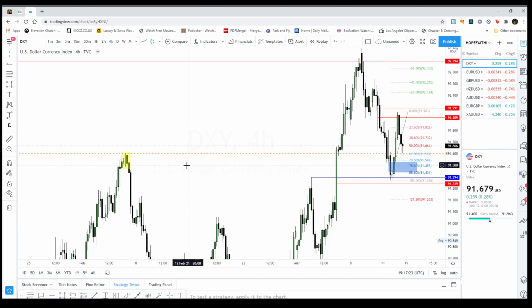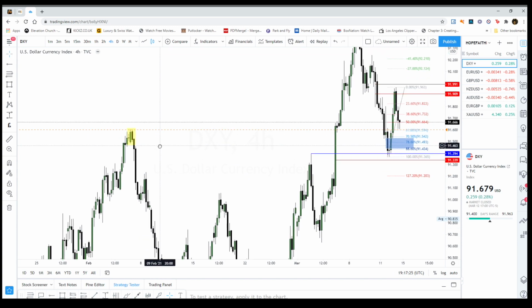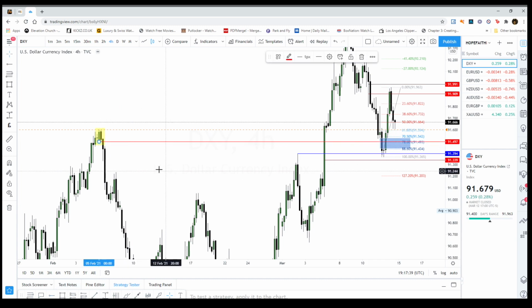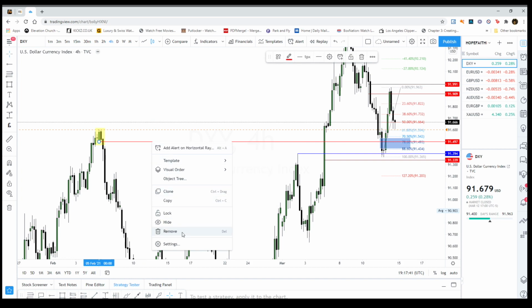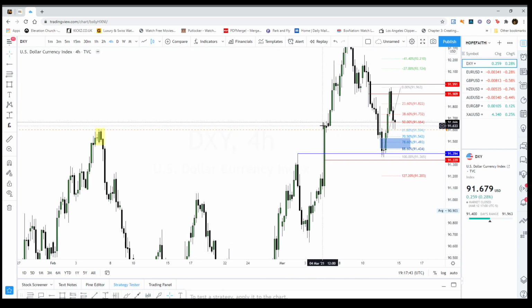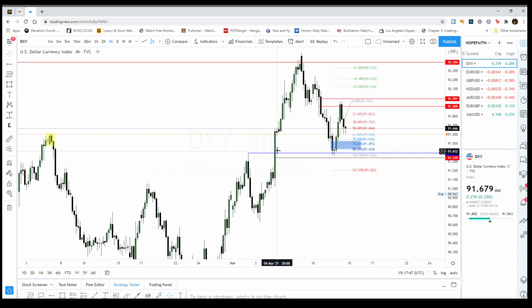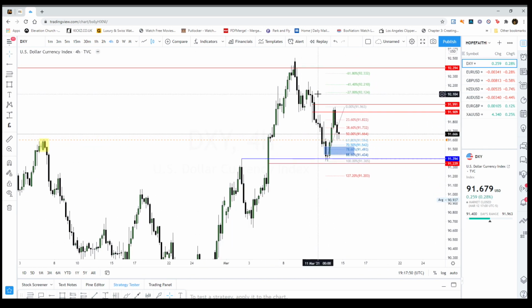That would have been a lot of liquidity, and a lot of sellers would have been looking at this as a potential area for the market to react to. So I myself would have been looking at this area. There you go. And they didn't. Instead, they smashed it and created this big imbalance. And so I would have targeted that if you were to apply this in your forex pairs.